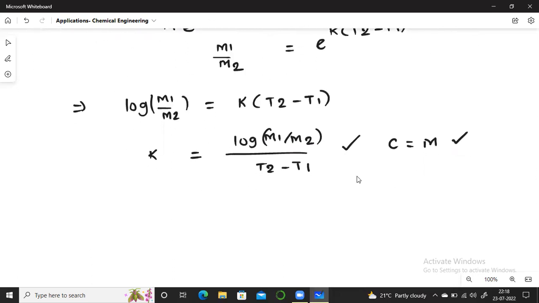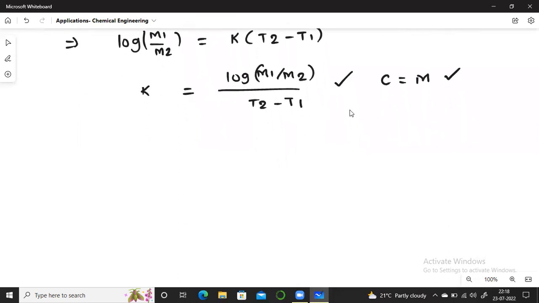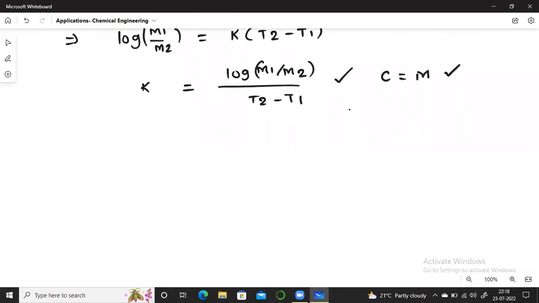What is my equation? Small m is equal to c into e to the power minus k small t, this is the first equation.